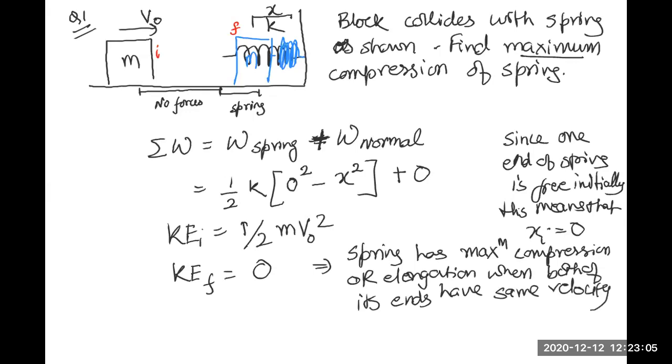So if this end of the spring is fixed, this end has 0 velocity. Maximum compression will occur when this end also has 0 velocity.